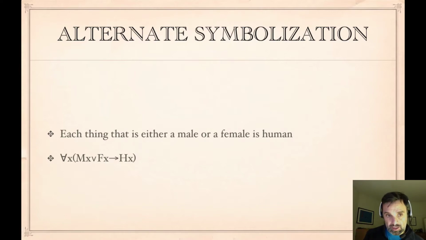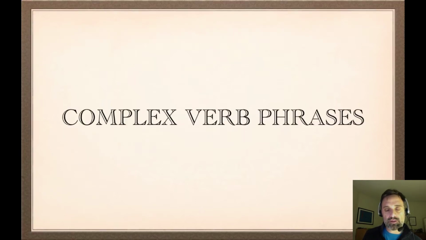And this symbolization, for all x, if Mx or Fx, then Hx, is equivalent to the symbolization for all x, if Mx then Hx, and for all x, if Fx then Hx. Okay, so that's complex noun phrases. We'll be working with them more, but that's what we need to know about them right now.